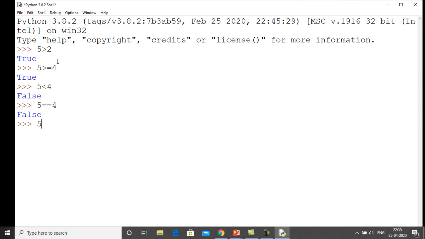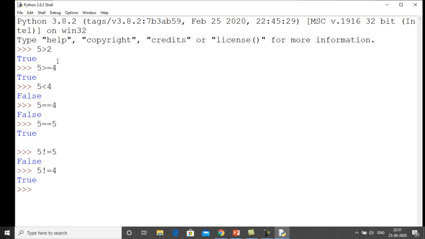But suppose I write 5 double equals 5, in this case obviously we get the answer as true. Now one more: suppose I write 5, then exclamation mark, then equal to 5, asking whether 5 is not equal to 5, obviously we get the answer as false. But if I write 5 not equal to 4, then we get the answer as true.